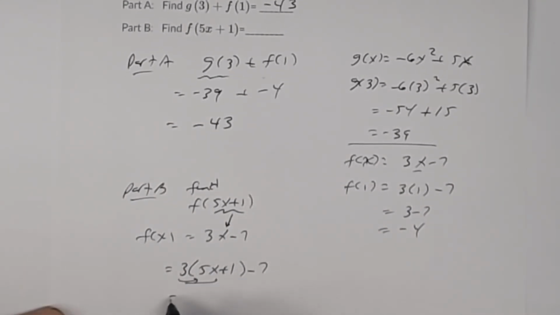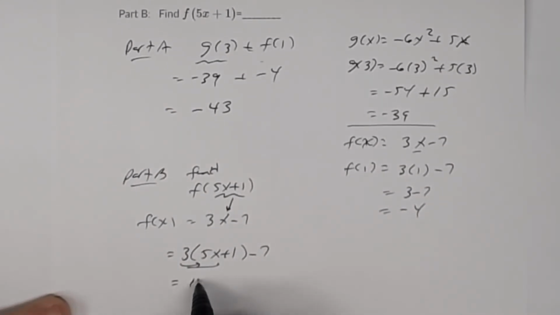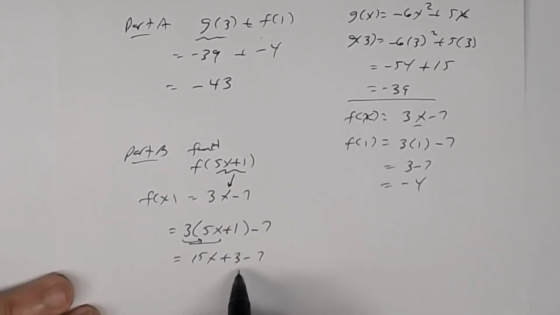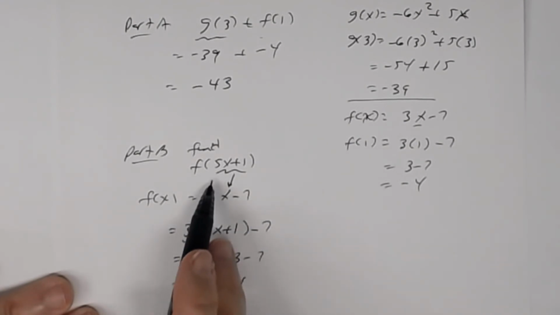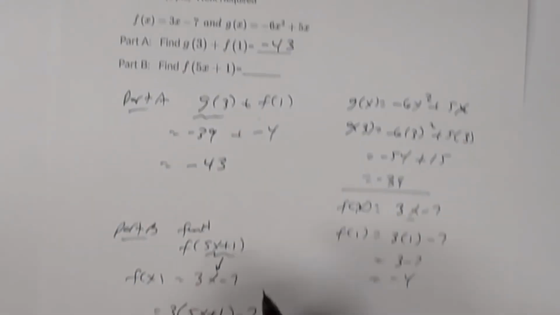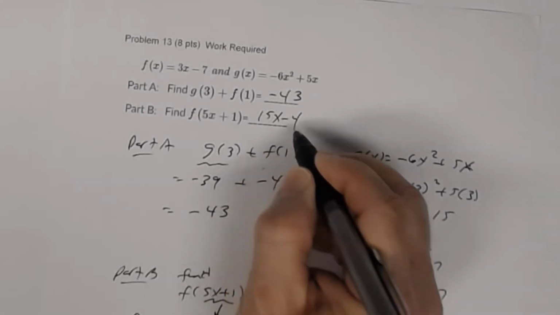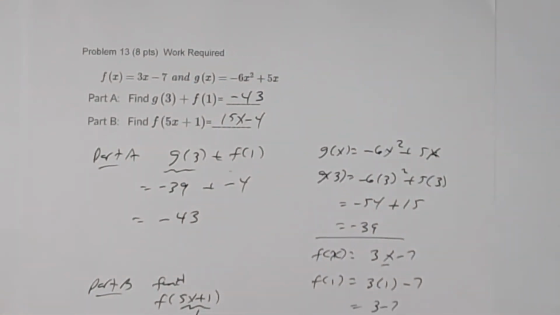And then distribute. I get 3 times 5x is 15x. 3 times 1 is 3 minus 7. Combine like terms. Positive 3 and negative 7 is a negative 4. So that is f of 5x plus 1, and that becomes 15x minus 4. All right, so that's number 13.